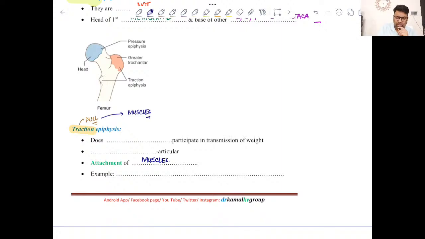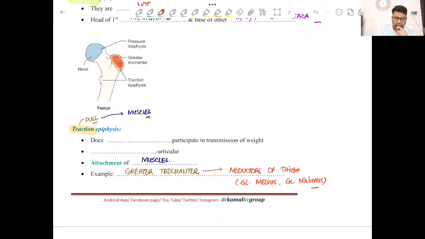The classical example, if we talk about femur, is greater trochanter, where there is insertion of abductors of thigh, that is gluteus medius muscle and gluteus minimus muscle. Clear? So this is a classical example of traction epiphysis.